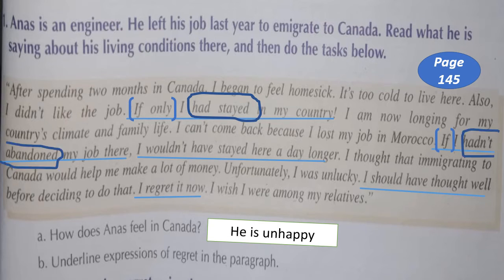Then if and hadn't abandoned, so if, subject and past perfect, then we have subject and wouldn't have, and then we have the past participle, so this is of course the conditional type 3. Okay, then we have should have plus the past participle. This is another expression that we can use to express regret. And of course, I regret it. Good.